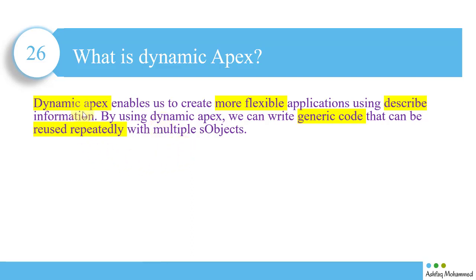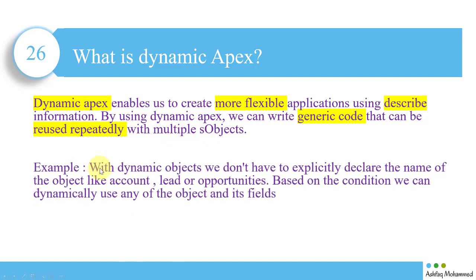Let me read one more time. Dynamic Apex enables us to create more flexible applications using describe information. By using dynamic Apex, we can write generic code that can be reused repeatedly with multiple sObjects. For example, with dynamic objects, we don't have to explicitly declare the name of the object like account, lead, or opportunity.